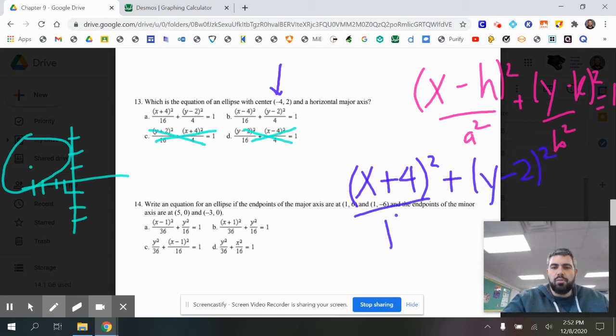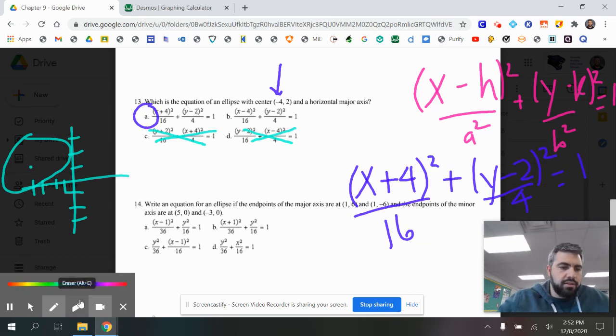And these can be over whatever they are. Let's say they're 6 and 4 like they give us, equals 1. And so then our correct answer is going to be A. And again, I could check my answer on Desmos just to make sure that I am correct.